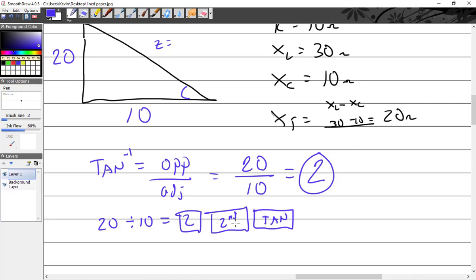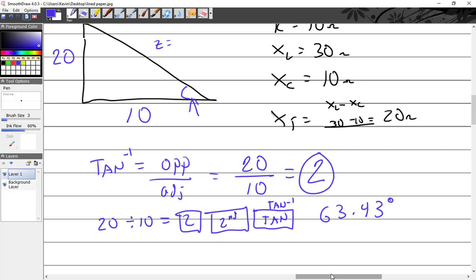Why the second key? Because above tan it says tan minus 1, and that's arctangent. Everybody follow? Okay, so 20 divided by 10 equals 2, because that's the opposite, 20, divided by the adjacent, 10. What is the arctangent of 2? Arctangent of 2 is 63.43 degrees. So this is 63.43 degrees.